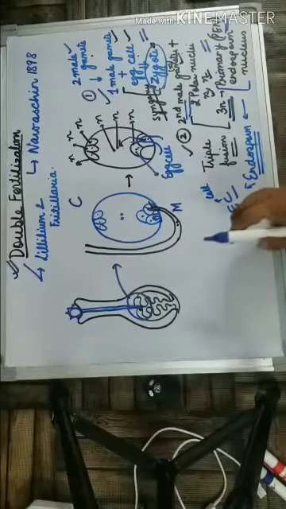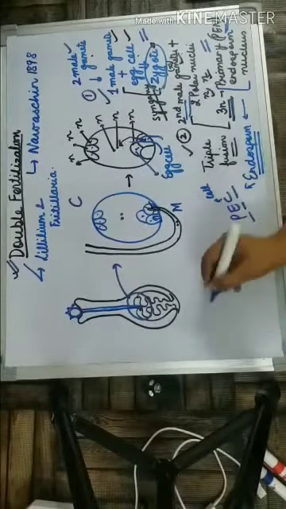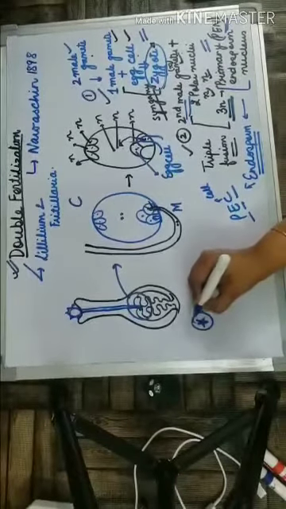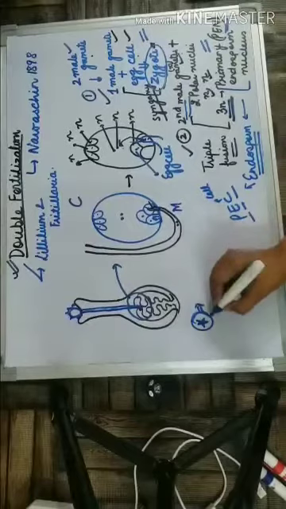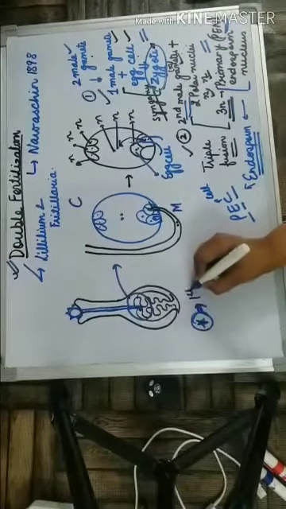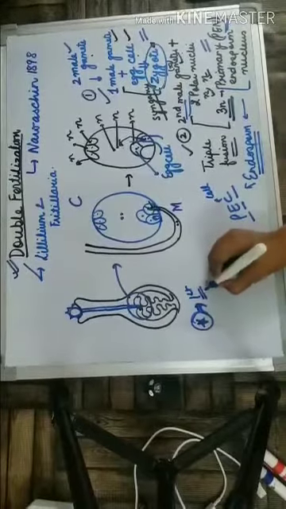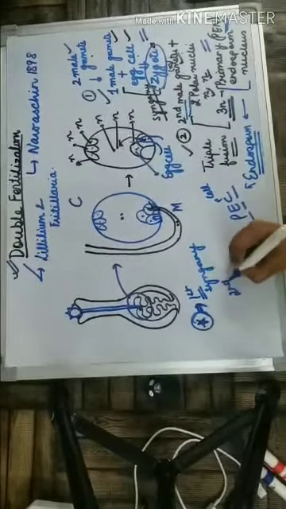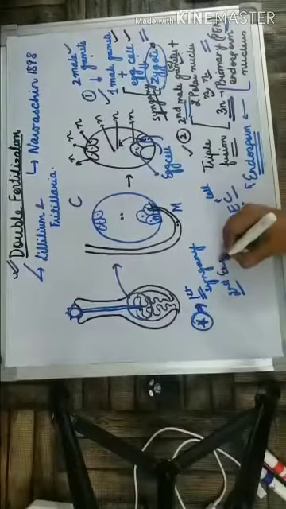In this, one thing we have to remember, very important, and later on I will give you more details about this. The first step is syngamy and the second step is endosperm formation.